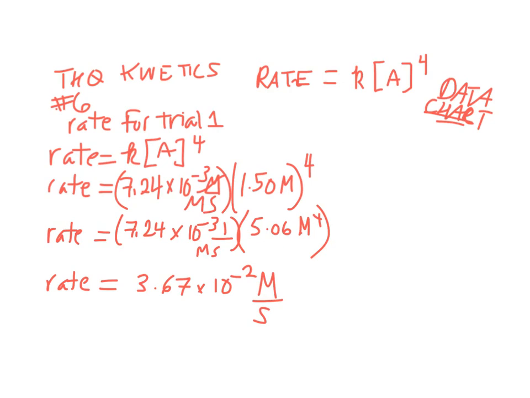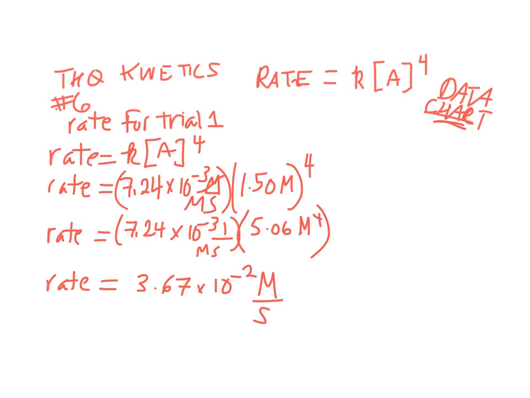Okay, so we lost some of the audio for this. This was THQ Kinetics number 6. And we were given a data chart, and we were given the rate law, rate equals k times A to the 4th.